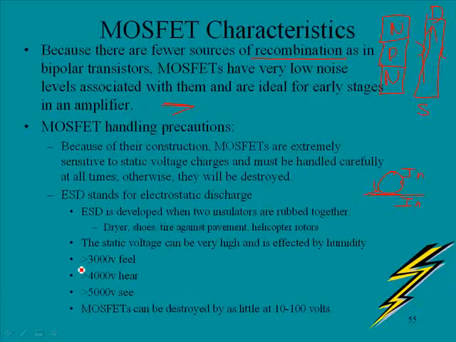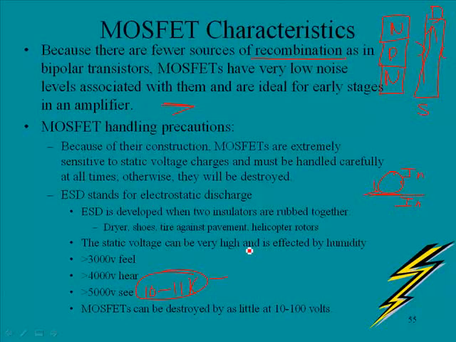If you were in very arid areas like Phoenix, these values could easily double. So, rule of thumb here is about 3,000 volts of static, you can feel it. At about 4,000 volts, you can hear it, like with the dryer. And above 5,000 volts, you can see it, actually see the little lightning bolt. And in your text, it talks about this value being 10 to 11 kV, which is very probable if it was in an arid environment.